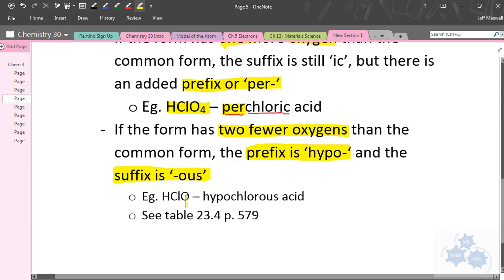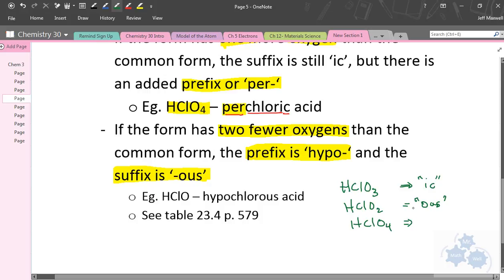So HClO, all right. Remember that HClO3 is the most common form, and that is the "-ic" suffix, right? HClO2, right? HClO2 is "-ous."